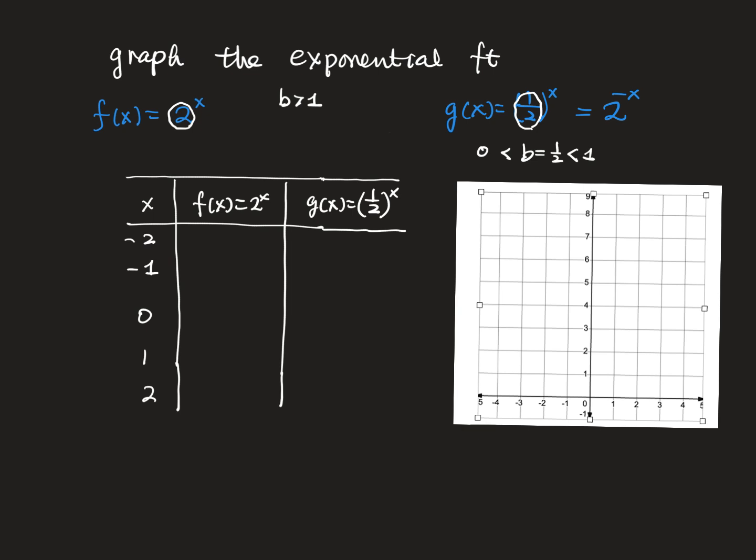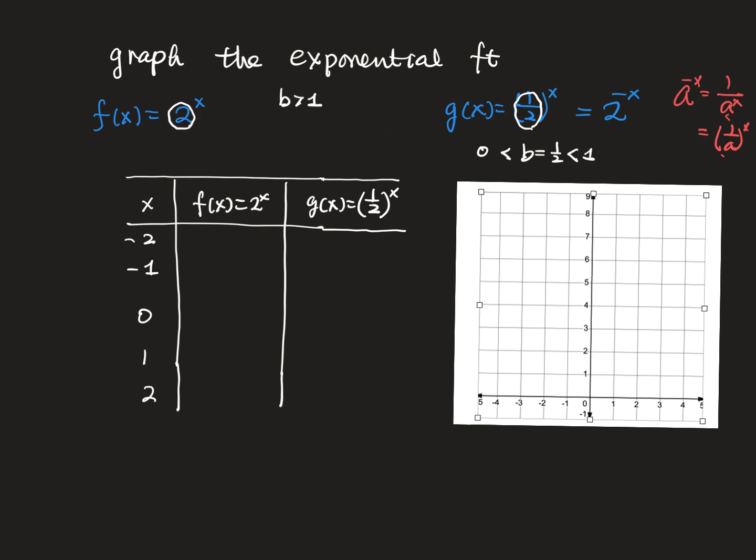If you remember, a to the negative x is going to be 1 over a to the x. It's the same thing. When the power is negative, you send the base to the denominator, and then you have the fraction form.